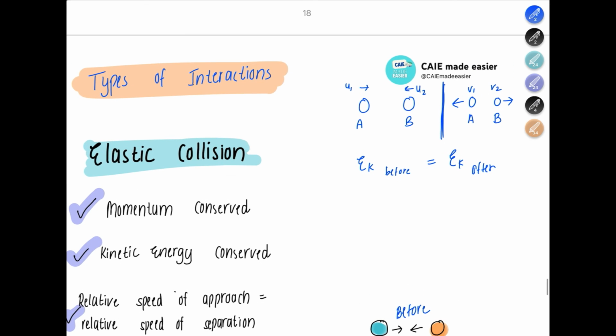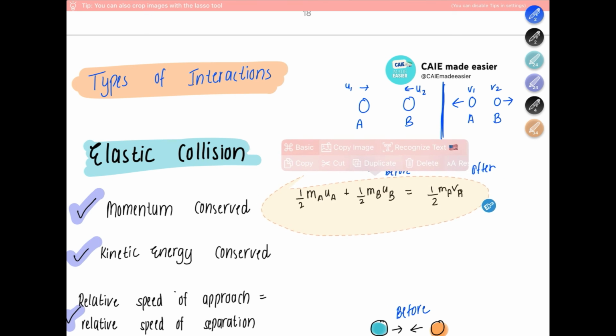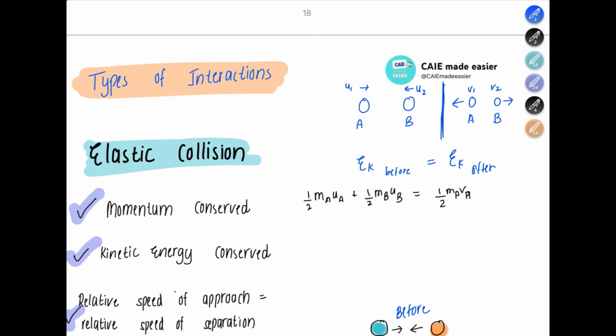So let's look at this example. You have two objects approaching each other, and then after collision, they are moving away from each other. We say that kinetic energy before equals kinetic energy after. So this is going to be half m_a u_a squared plus half m_b u_b squared equals half m_a v_a squared, where v stands for final velocity, plus half m_b v_b squared.